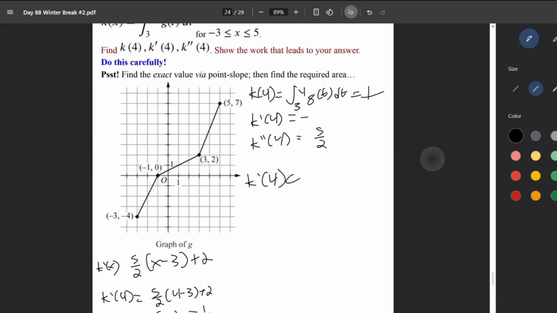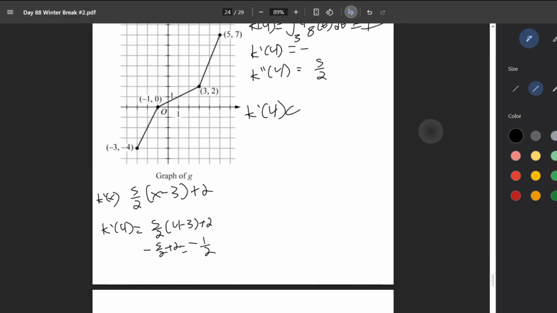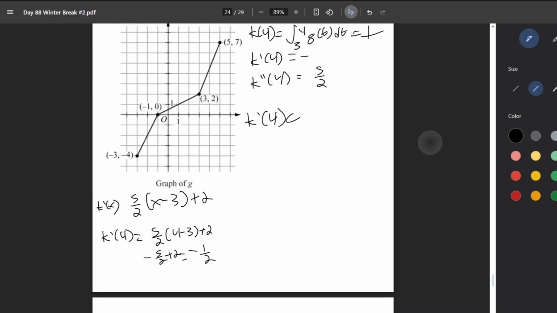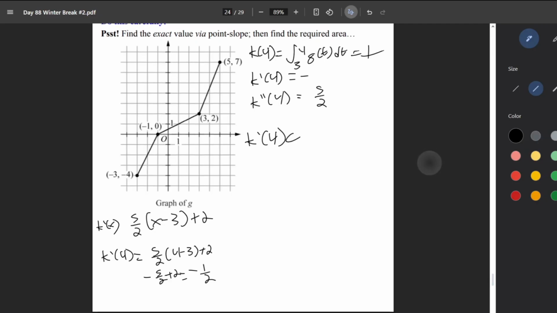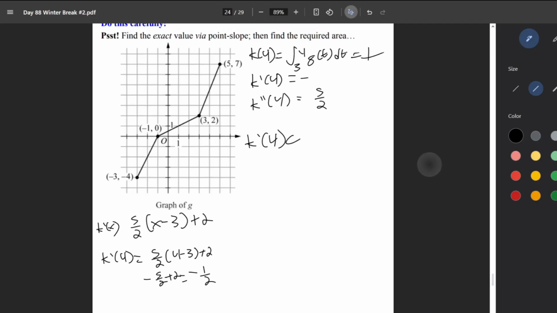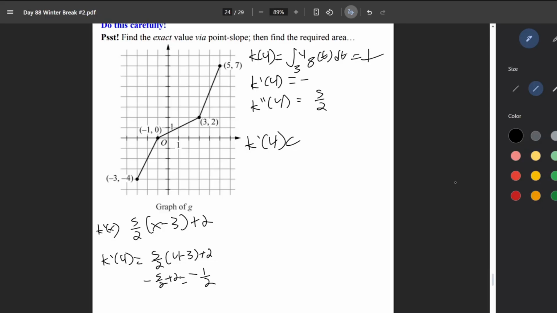So actually, that seems a little wrong. How can the value be negative? One is clearly above the x-axis. Oh, maybe because, okay, it is 5 over 2, 5 over 2, 4 minus 3 plus 2.